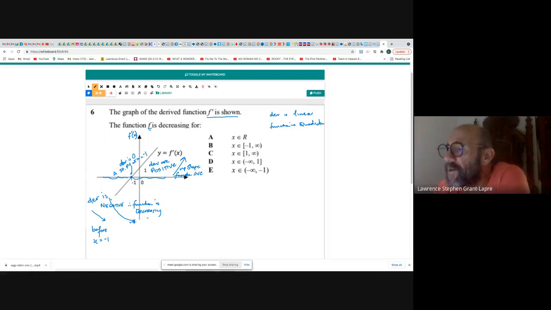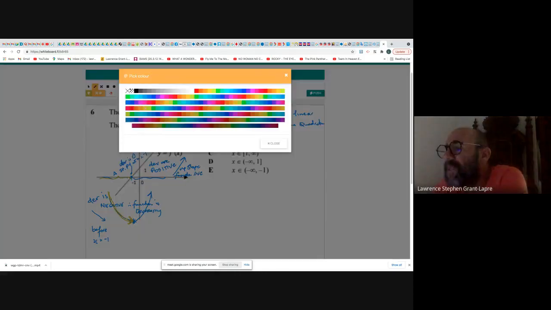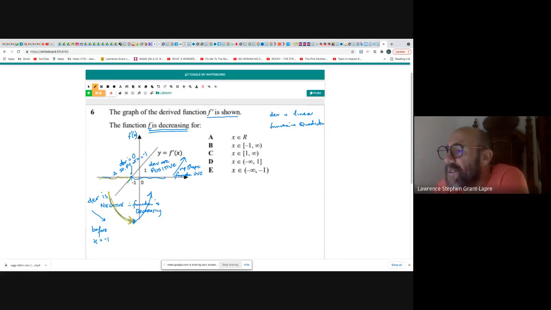So after that value, it's going to increase. We want to know where the function is decreasing, and it's decreasing before -1. So it's decreasing up to this point here because the gradients are negative. So anything less than -1, the function is decreasing because the gradient, you can see this line here, is negative.